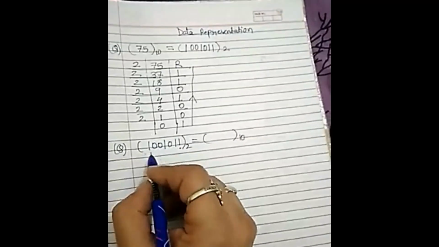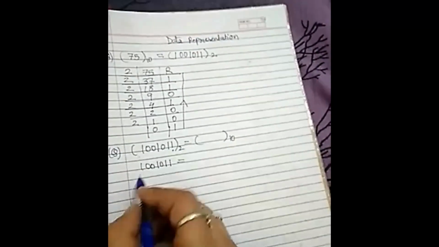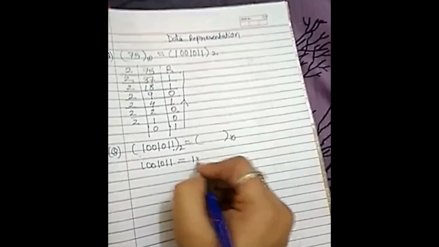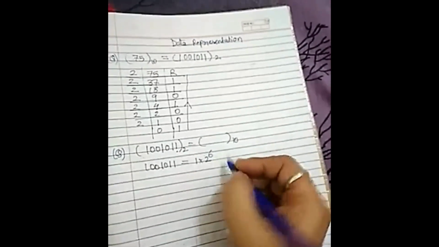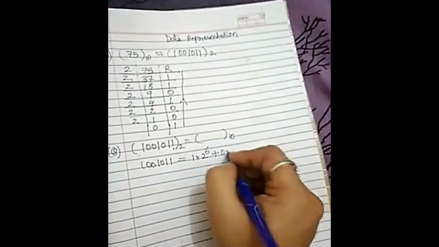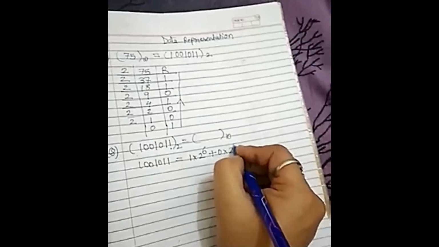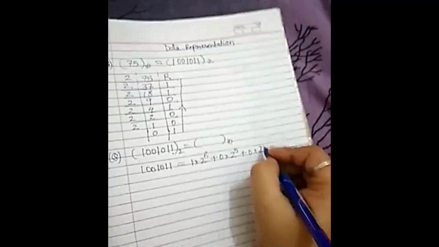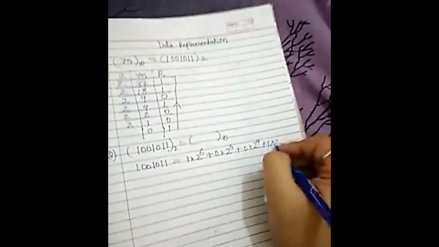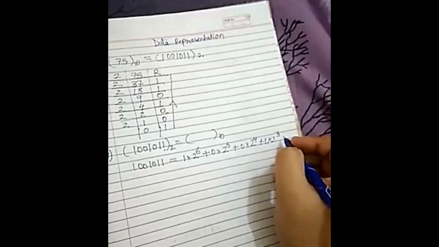So now we note down this number again. We will multiply the first digit, 1, with 2 to the power 6, the maximum power, then add all the values. The next digit 0 with 2 to the power 5, one less. Then the next digit with 2 to the power 4. The next digit with 2 to the power 3.